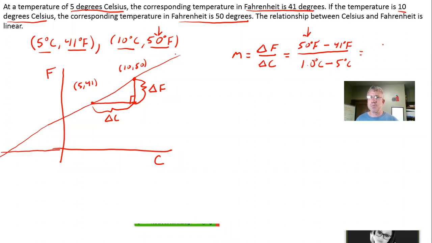Then you do this subtraction and you get 9/5. But what are the units on it? Degrees Fahrenheit per degrees Celsius. So even though we usually write the number without the units, guess what's there even if you don't write them?